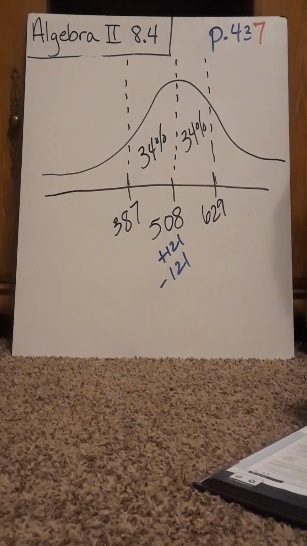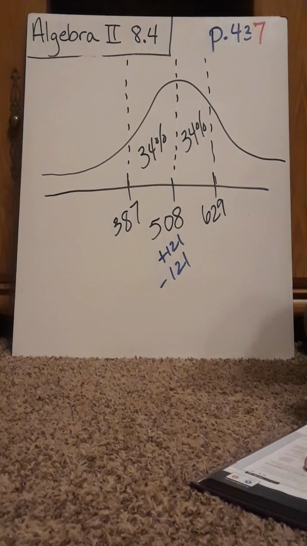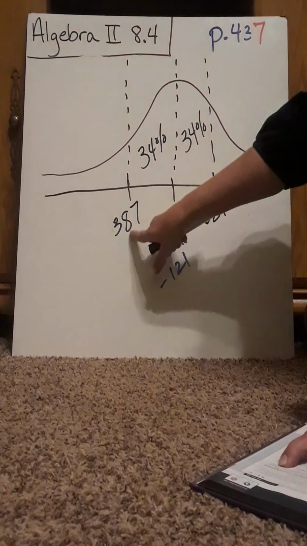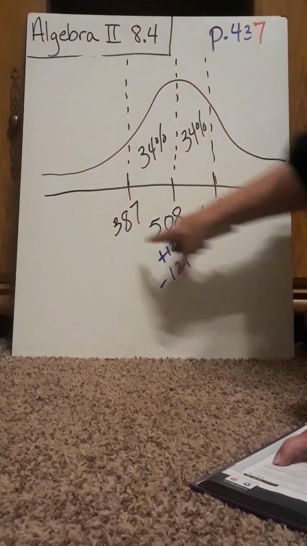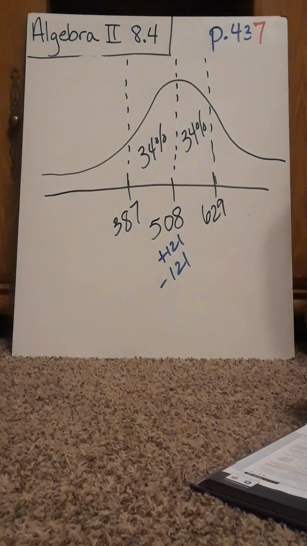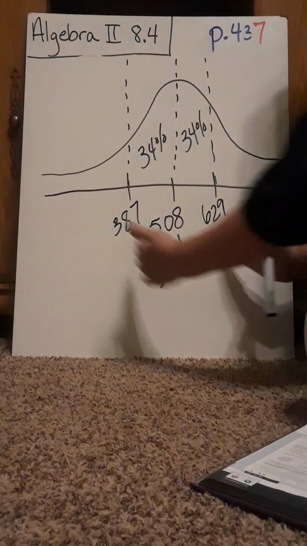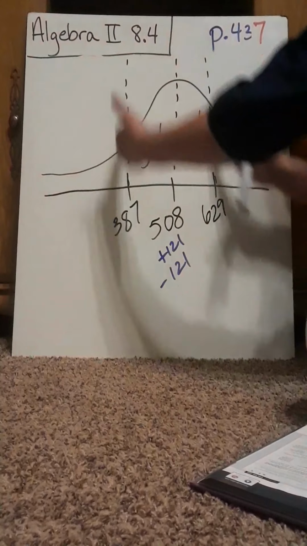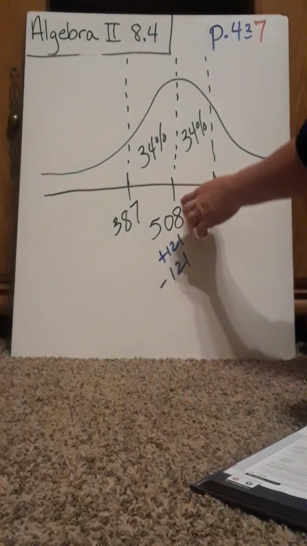I think we can actually stop right there and answer the question. Let's go back to the question. What proportion of students receive scores between 387, that's here, and 629, that's here? So 387 and 629 are the data values that are within one standard deviation of the mean.